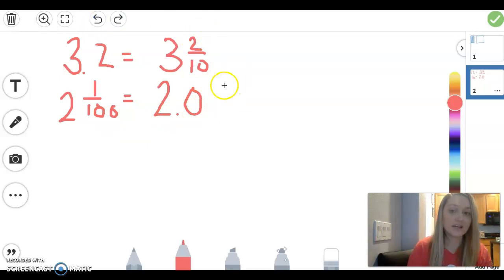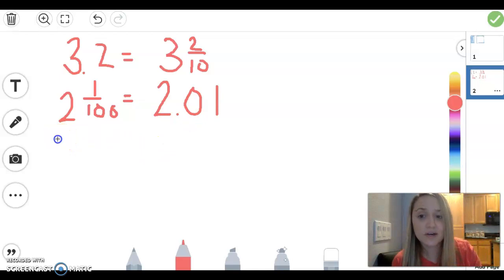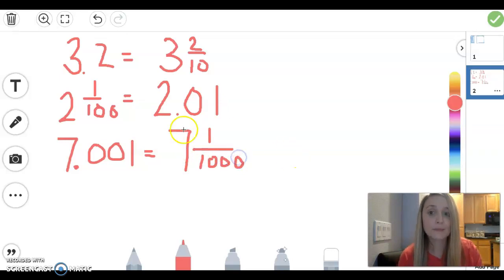And then if we look at page 234, they have a couple other ones. Here, if it's 7.001 and they're saying write this as a fraction, remember, anything on the left is a whole number, so it'd be 7 and 1 thousandths. Very easy.